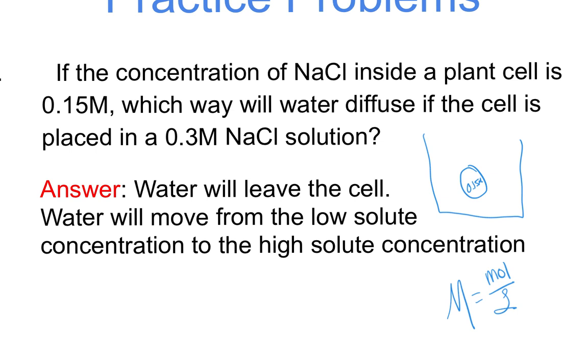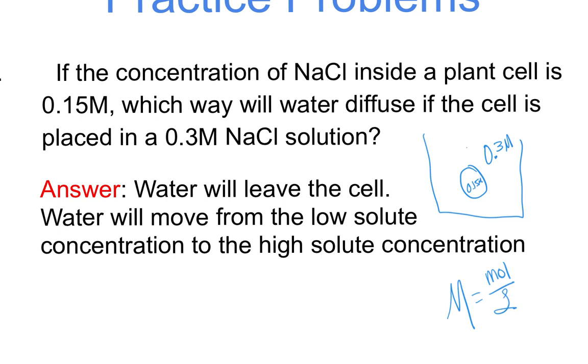So if the solution inside of this plant cell is 0.15 molar, which way will the water diffuse if the cell is placed in a 0.3 molar solution? So it's more concentrated on the outside of the cell.